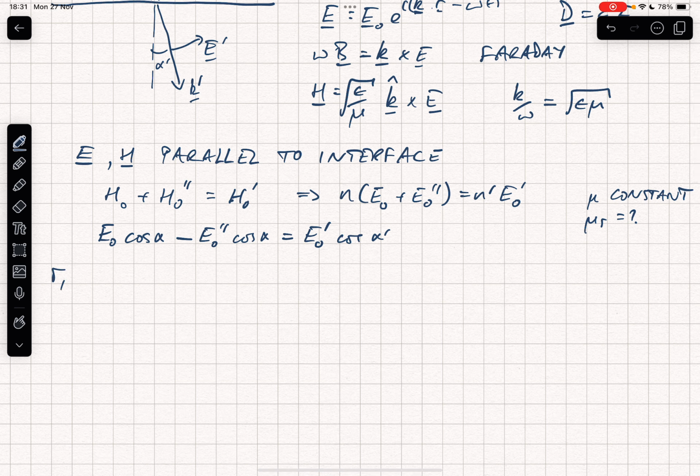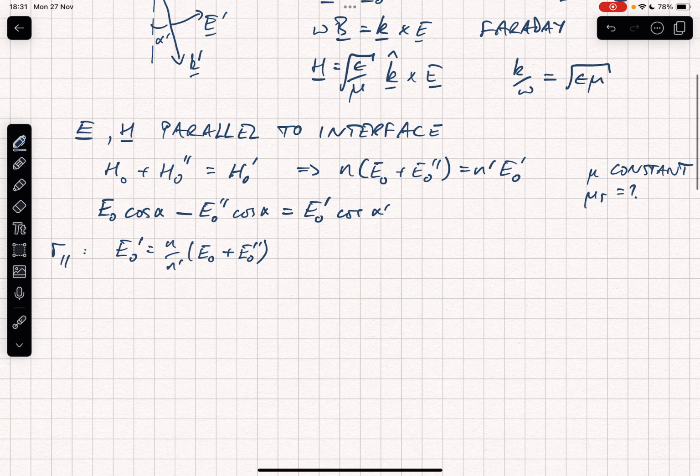So to find what we call R parallel, we're going to start by writing E0 prime is equal to n over n prime into (E0 plus E0 double prime). We've done that simply by rearranging this equation here.